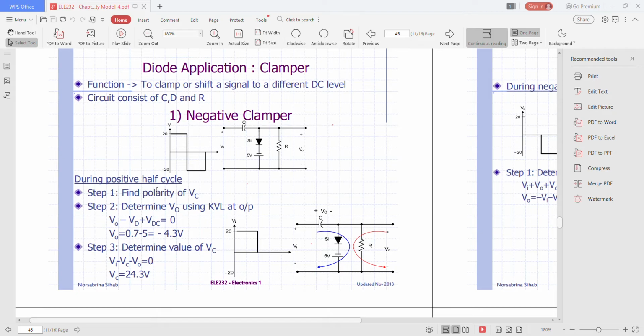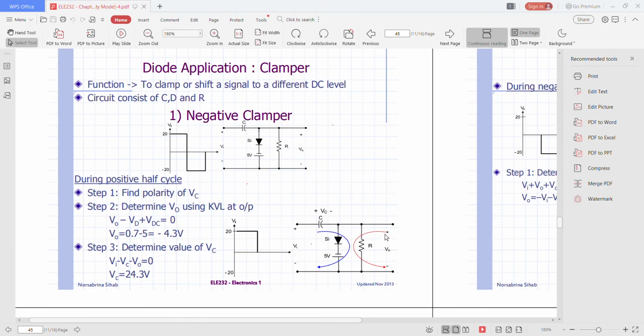During positive half cycle, there will be 3 steps that you need to understand. First, find the polarity of VC. The second step is to determine Vout using Kirchhoff voltage law at the output. So for the second step, during positive cycle, this is the loop for positive cycle, the blue color loop.